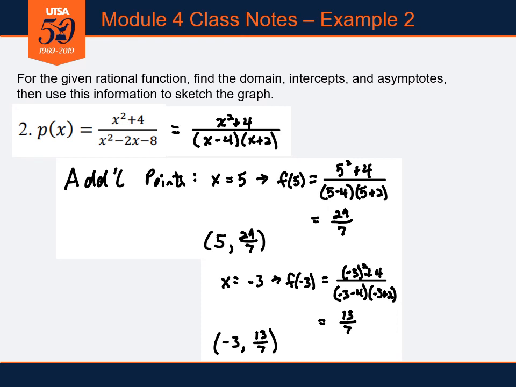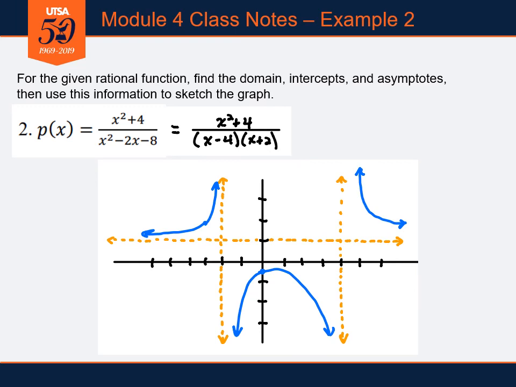Plotting those points and using those points and asymptotes to shape the other curves on my function, I see with an x value of 5 and a y value of around 4 here, my graph is going to curve toward both the vertical and horizontal asymptotes, and I have this curve shape on the right.